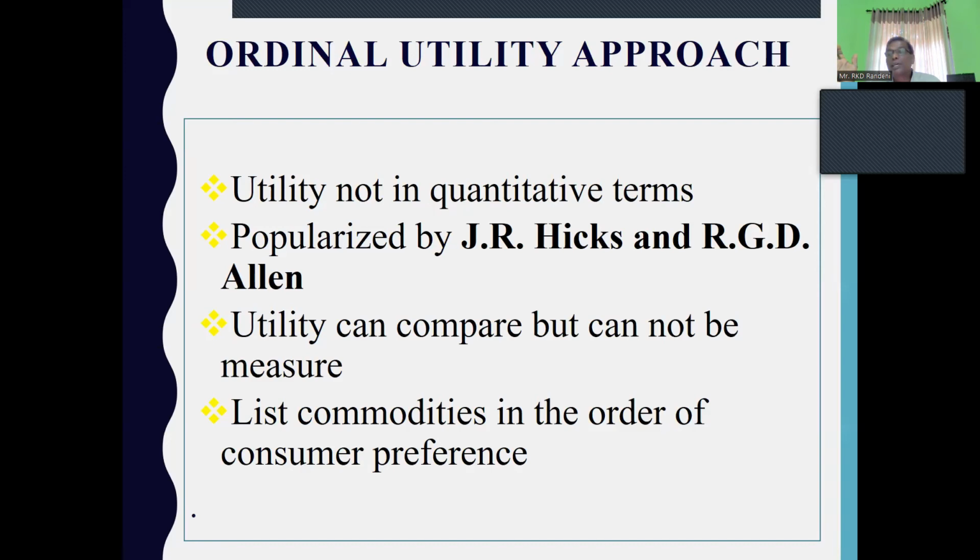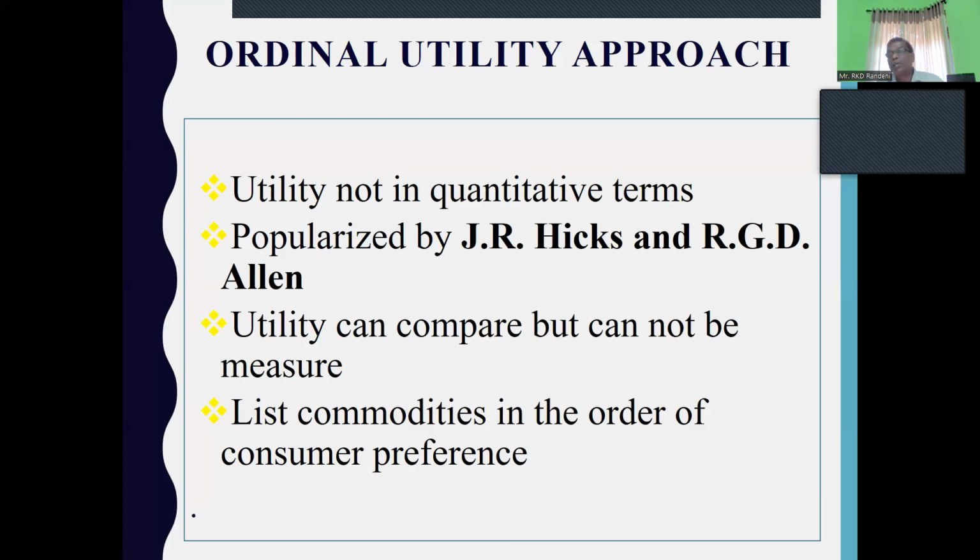But according to the indifference curve analysis or ordinal theory, the utility cannot be measured. No need to measure. According to the preference, we can rank according to the choice or preference.